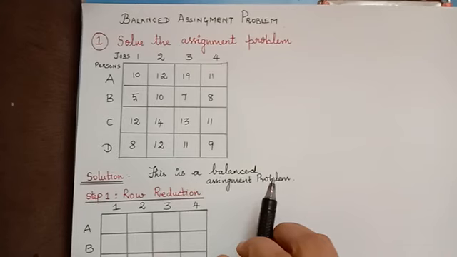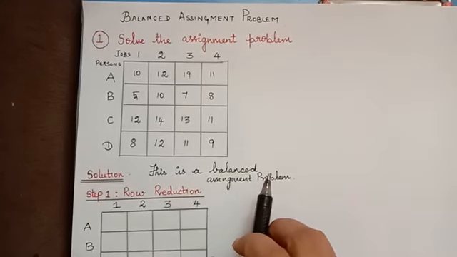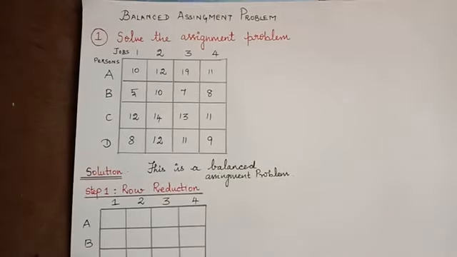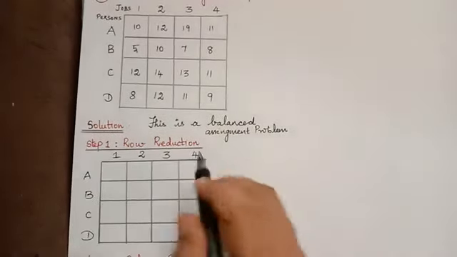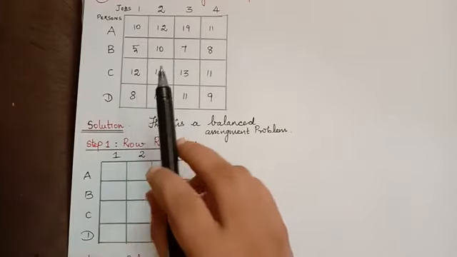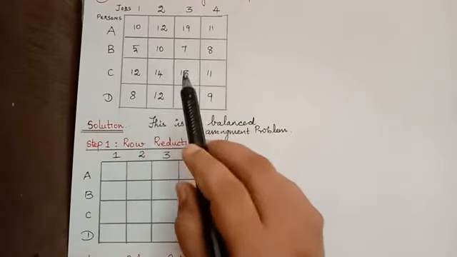Now we have to follow the Hungarian method in order to solve this problem. First we have to do the row reduction. That is, we have to subtract the minimum entry of each row from all the entries of the respective row in the cost matrix.